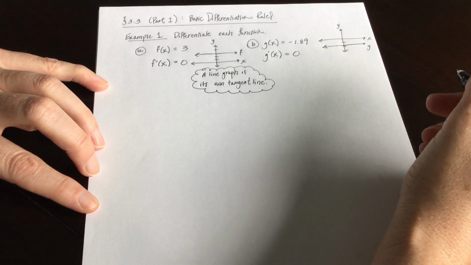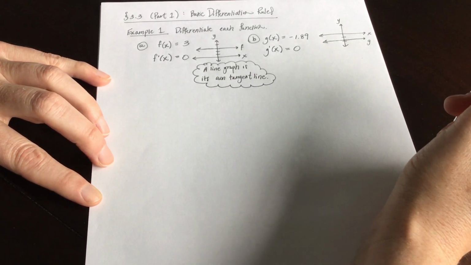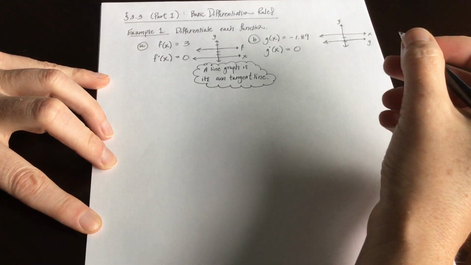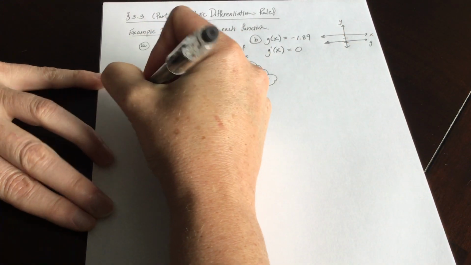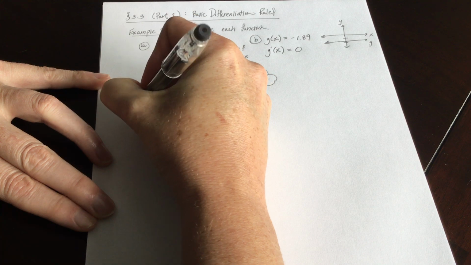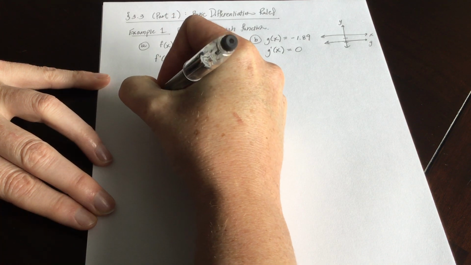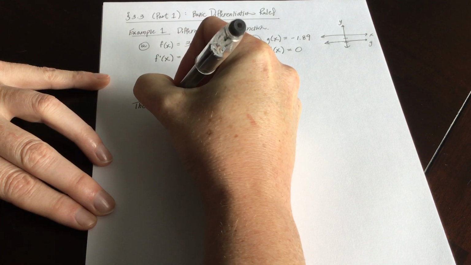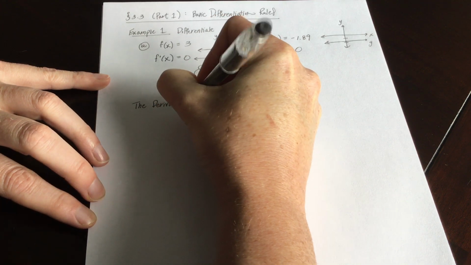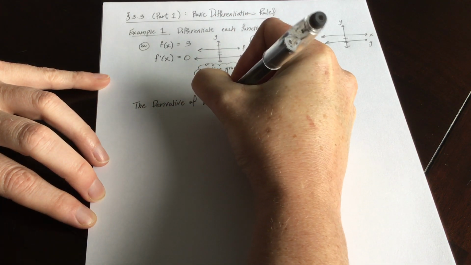So let's generalize what's happening here in the form of your first differentiation rule. The rule is called, in words, the derivative of a constant function.